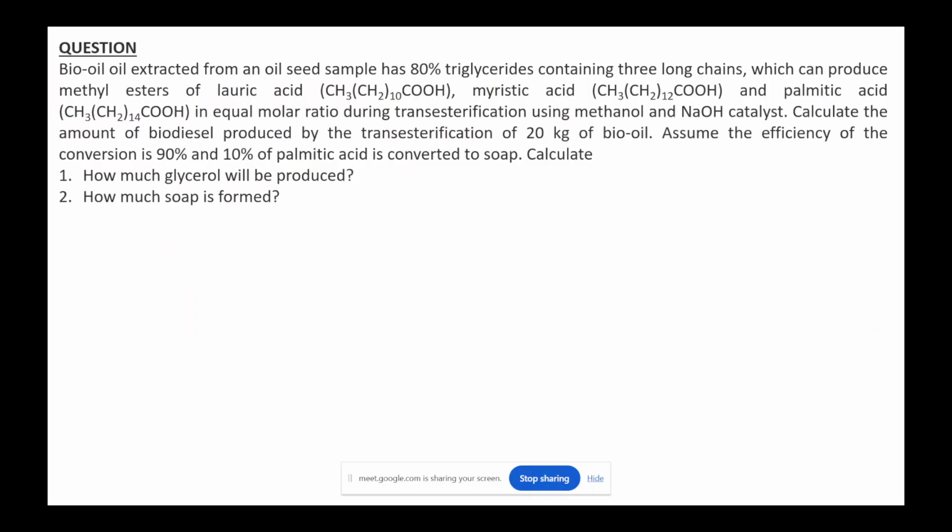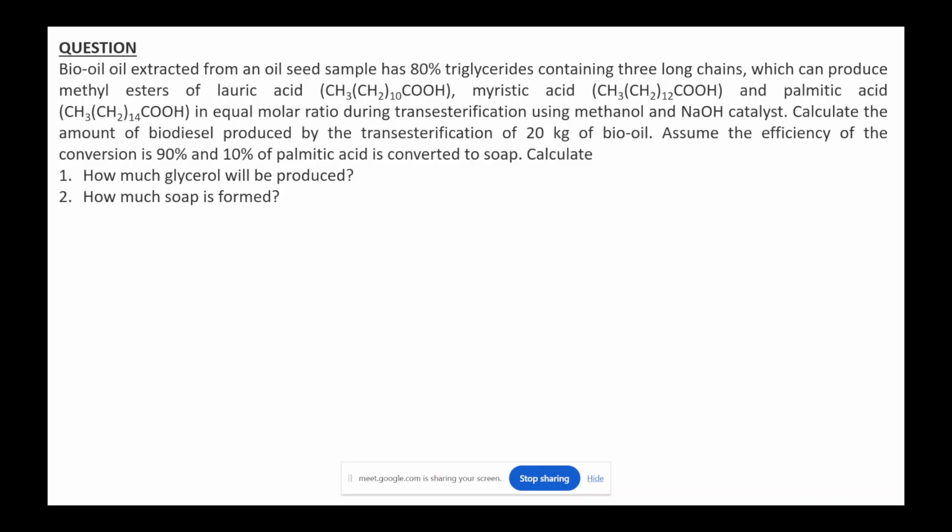Bio-oil extracted from an oilseed sample has 80% triglycerides and it contains three long-chain fatty acids: methyl esters of lauric acid, myristic acid, and palmitic acid, all present in equimolar ratio, and the transesterification happens in these three fatty acids using methanol and sodium hydroxide as a catalyst.